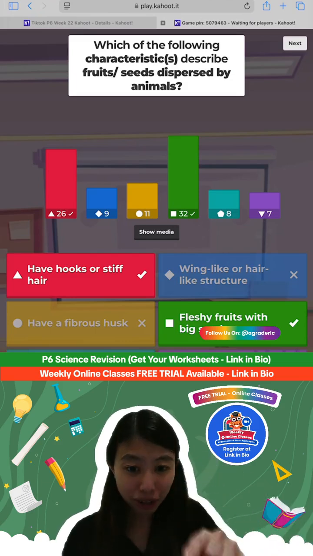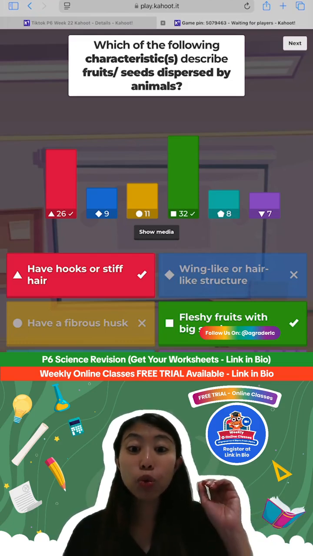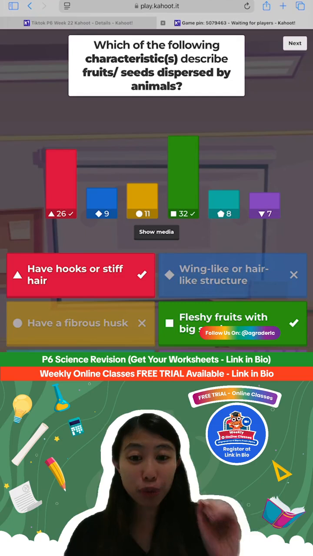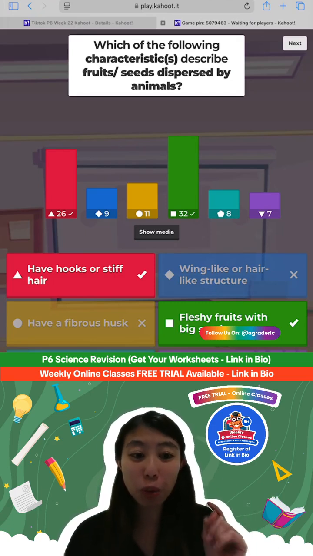If it has a wing-like structure, it is dispersed by wind. It's wind dispersal. Fibrous husk is dispersed by water.